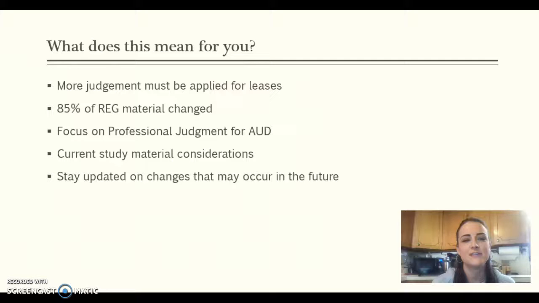And then as far as changes being made, I would keep up with when the AICPA releases new content changes or structure changes for the exam. Their website was very helpful and very accurate and detailed on what exactly they were changing in the tests. So I would recommend going to their website and taking a look at that.